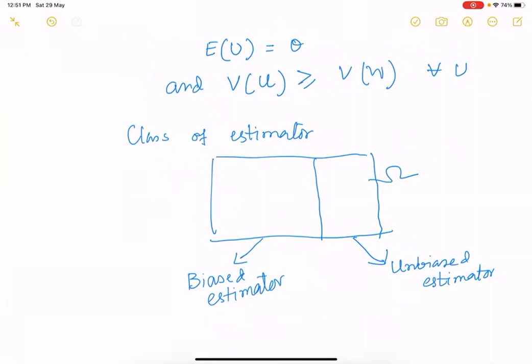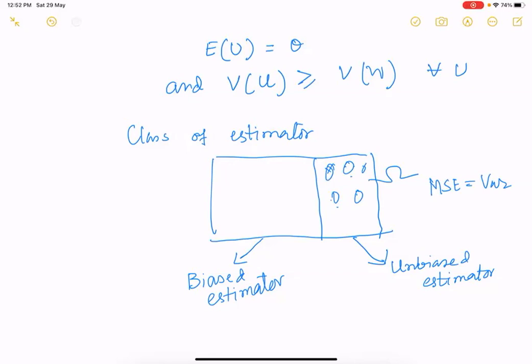What this minimum variance unbiased estimator is saying is, among the unbiased estimators, you find the one which has the minimum variance, because you don't have to worry about the mean square error: since it is an unbiased estimator, MSE is equal to variance. So reducing the variance is the same as reducing the mean square error.